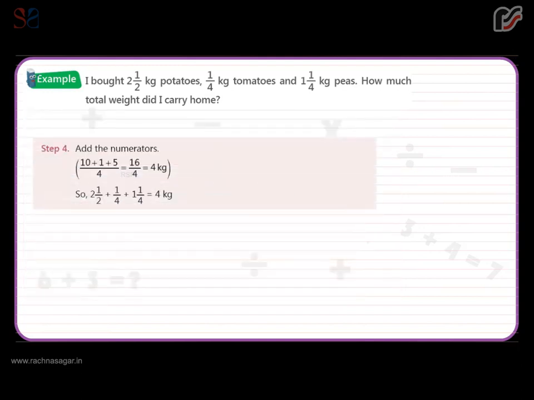Step 4. Add the numerators: (10 plus 1 plus 5) upon 4 is equal to 16 upon 4, which is equal to 4 kg. So, 2 1 upon 2 plus 1 upon 4 plus 1 upon 4 is equal to 4 kg.